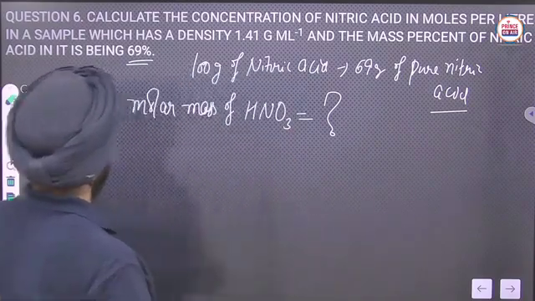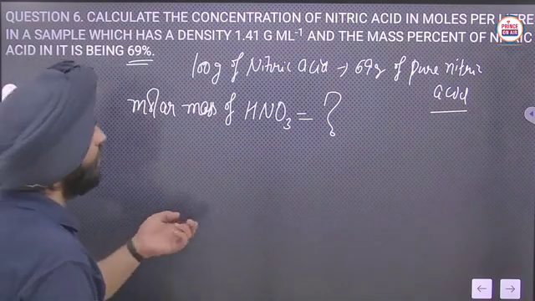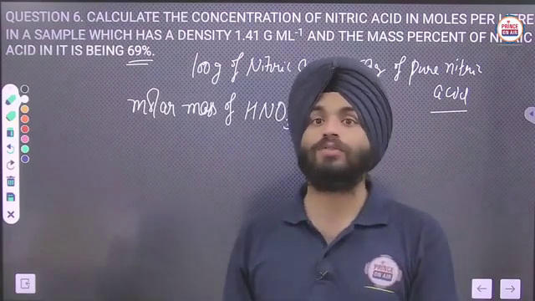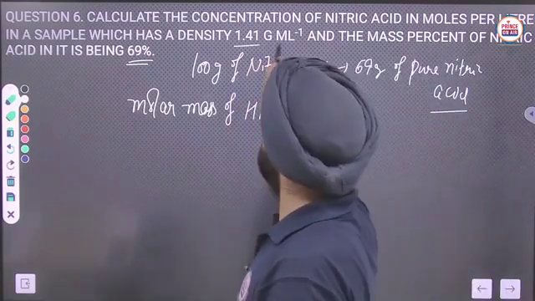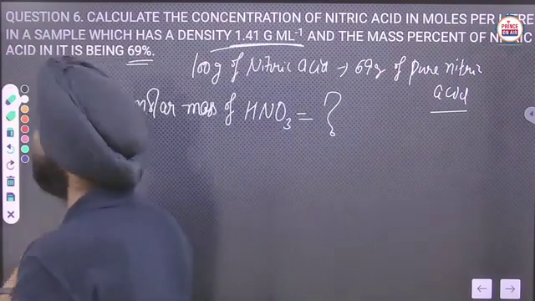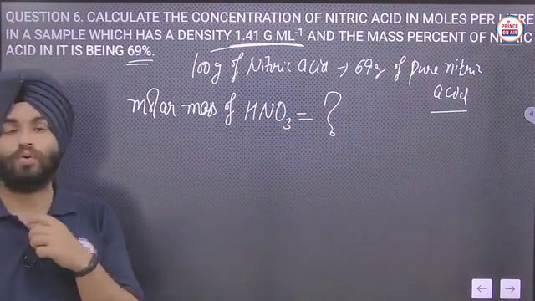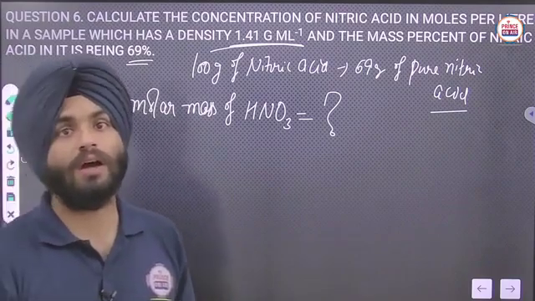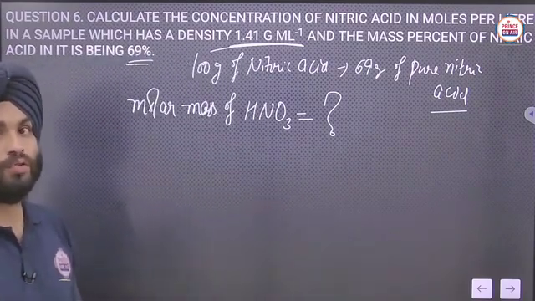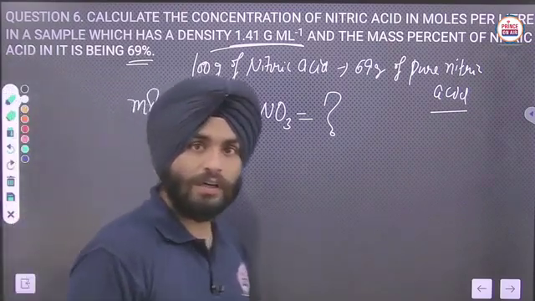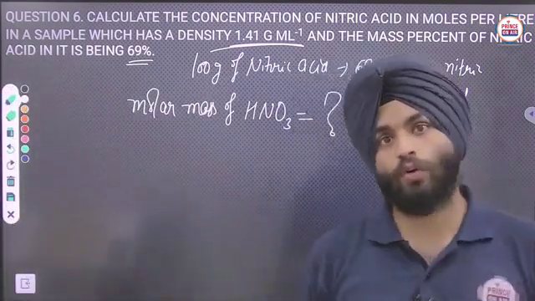Afterwards, in liters, we first have to calculate the volume. Density is given to you, and the mass we have considered to be 100 gram.